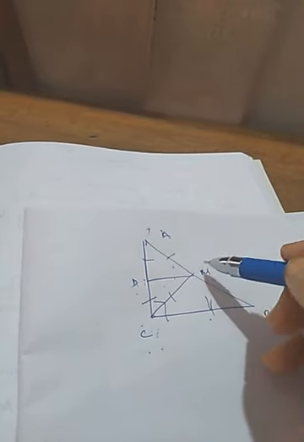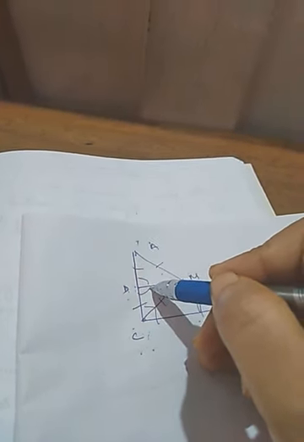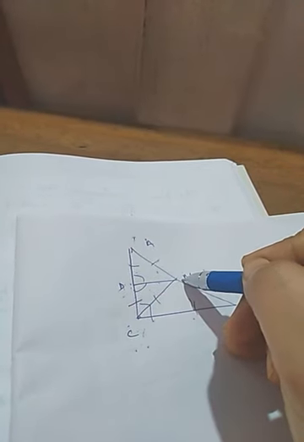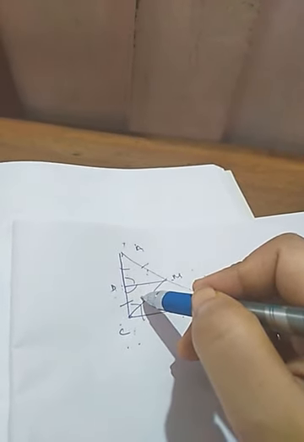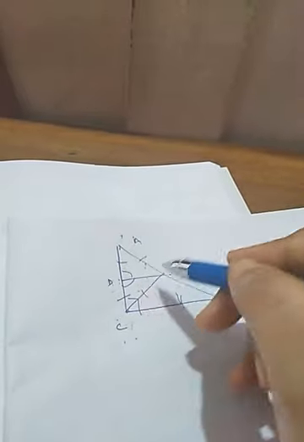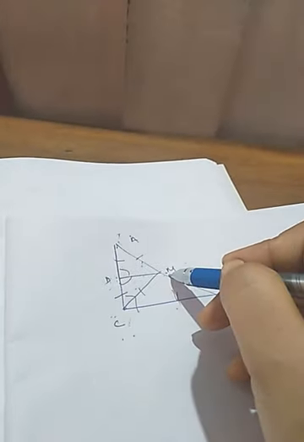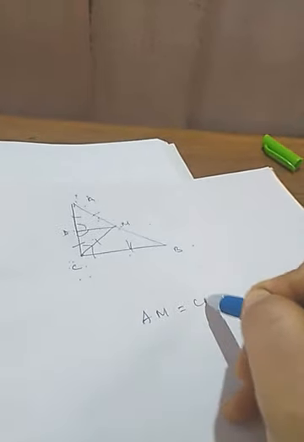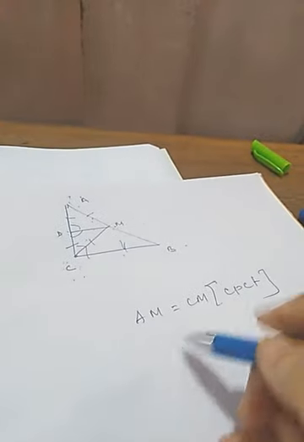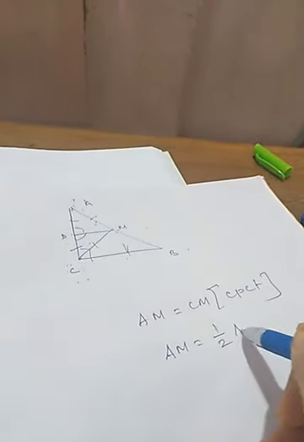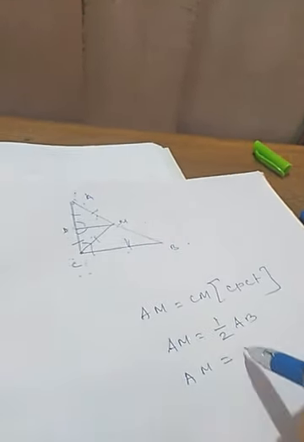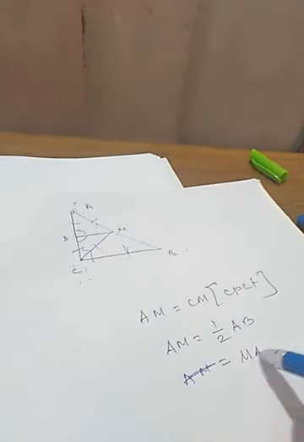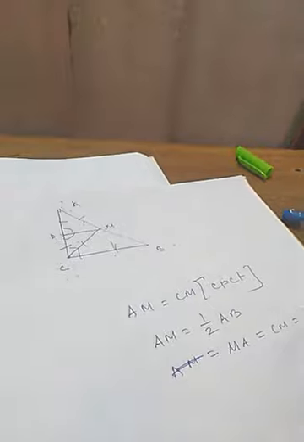Next we have proved that these two angles are equal, each 90 degrees, and DM is the common side, therefore these two triangles are congruent. Since these two triangles are congruent, we can write that AM equals CM, with the help of CPCT. Now AM is half of AB, we know, because M is the midpoint, given. So MA equals CM equals half of AB.